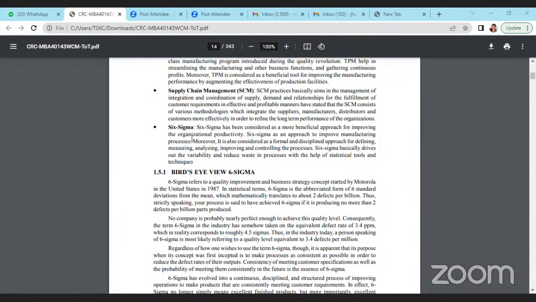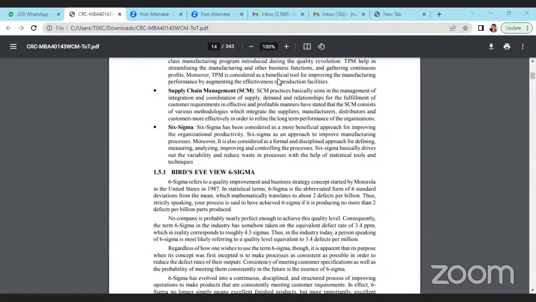And the most important one is Six Sigma. It is a beneficial approach for any productive organization or organizational productivity, and it's an approach to improve manufacturing processes.